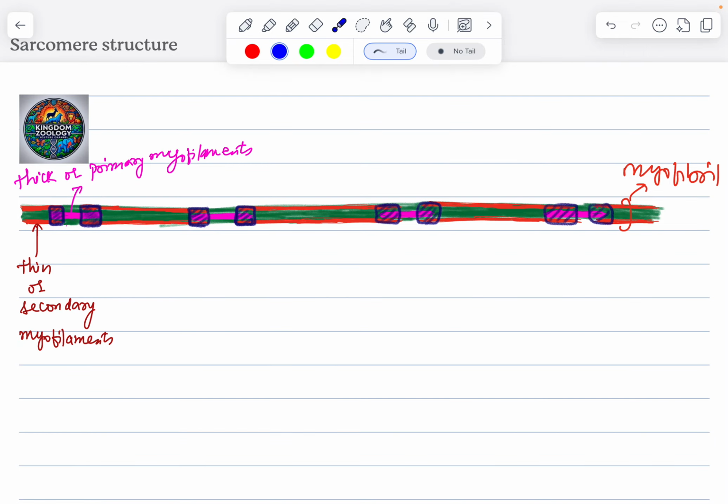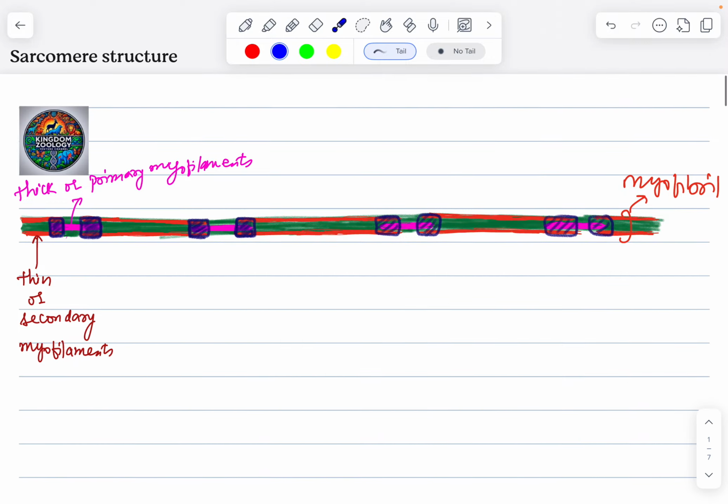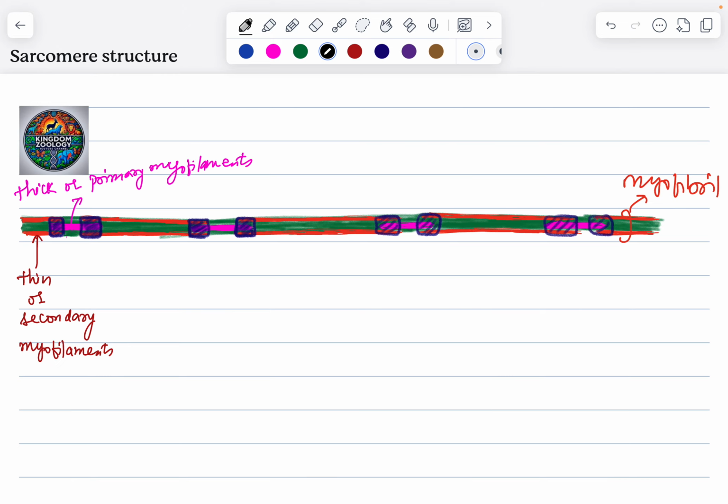So the dark and light bands are basically these structures. These are our dark bands here, the areas with both thin and thick filaments overlapping each other. This is one dark band, dark band over here. The dark bands also have a slight light area between them, and of course then there are complete light areas with only secondary filaments.